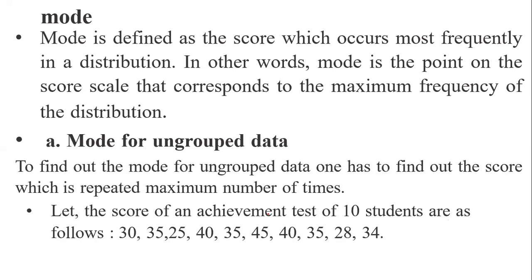Here, I have scores for 10 students. These students' scores are 30, 35, 25, 40, 35, 45, 40, 35, 28, and 34. Now, we look for the one that appears the maximum number of times. There are those who appear more than once, but not the maximum times.